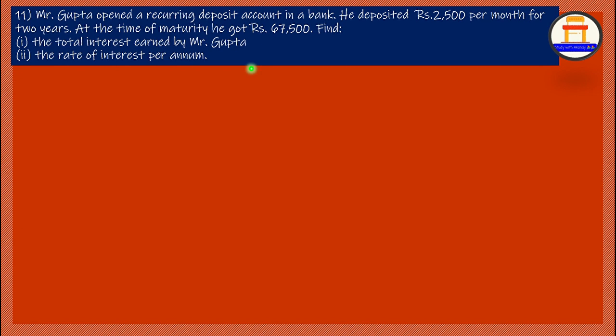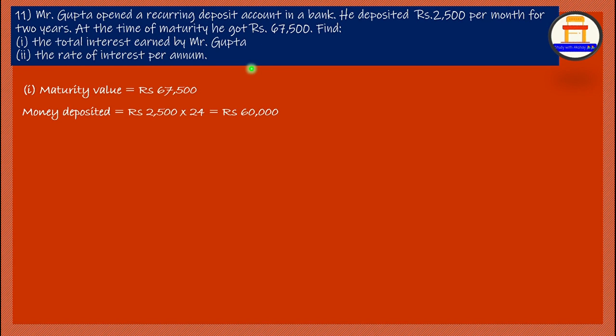Basically, the maturity value is given, the principal amount is given, and the time, that is the number of months, is given. So the maturity value we have here is 67,500.